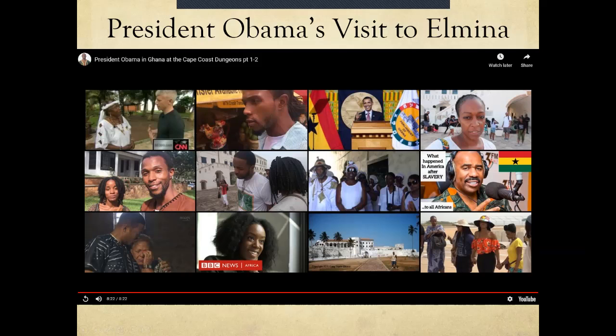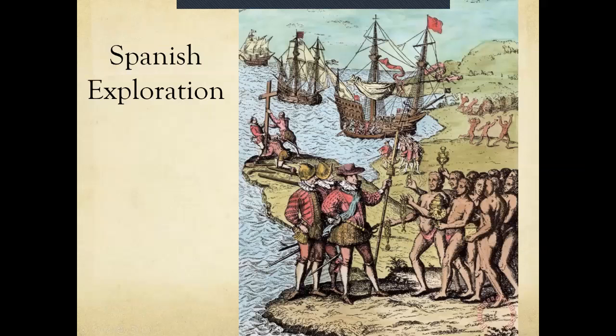And it starts here with Elmina and other areas along that Bight of Benin and along that coast of West Africa. So we will certainly revisit this many, many more times as we move forward in our story.